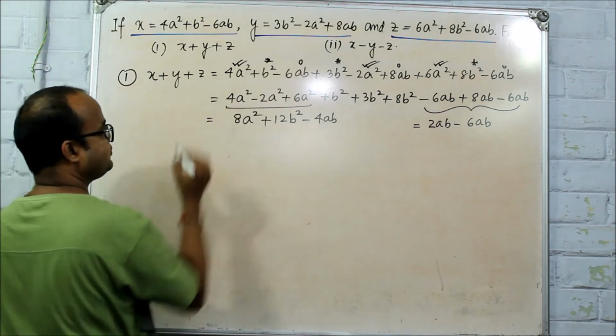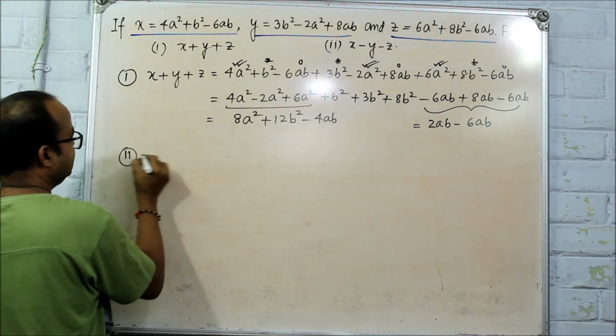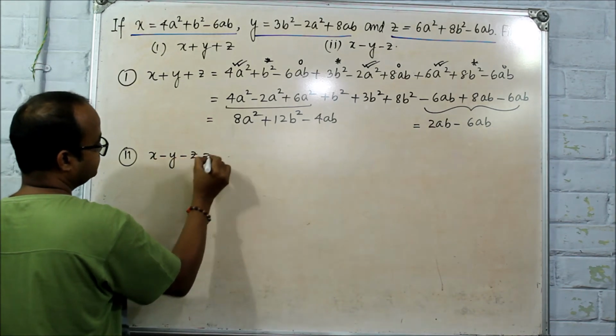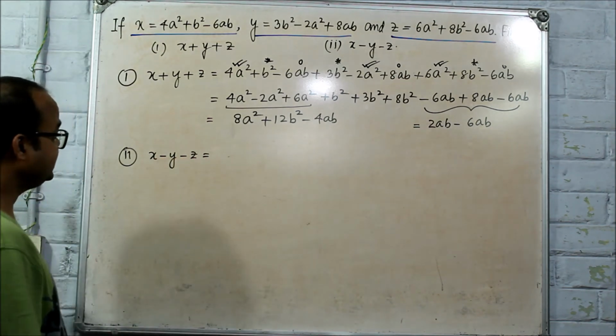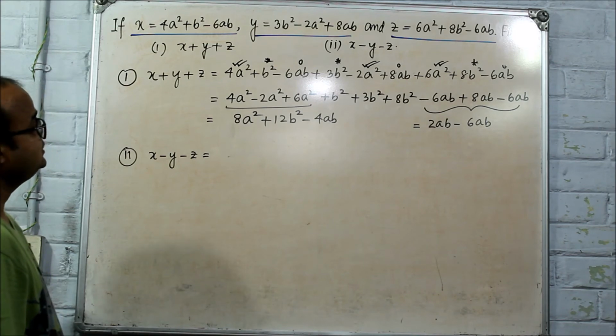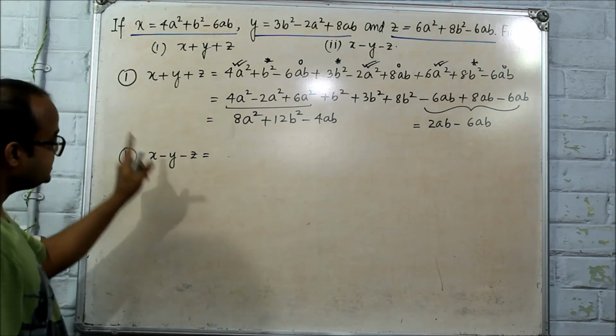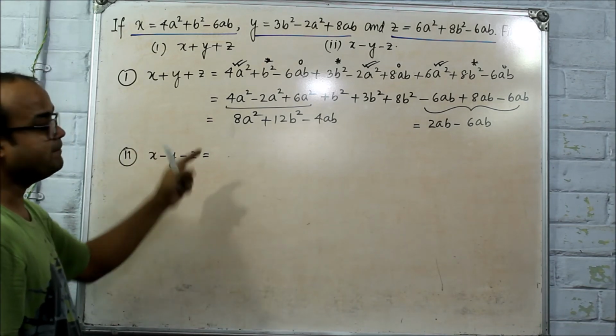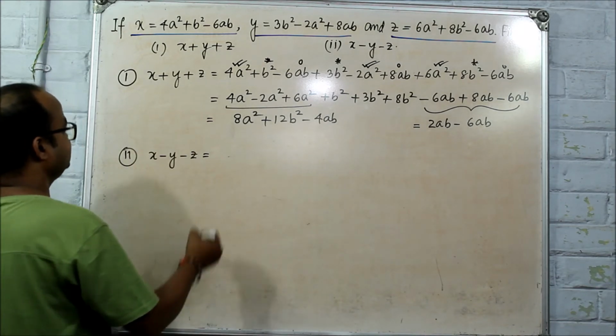Moving into the next problem, that is x minus y minus z. x minus y minus z. So first replace x, y, z by the respective values.